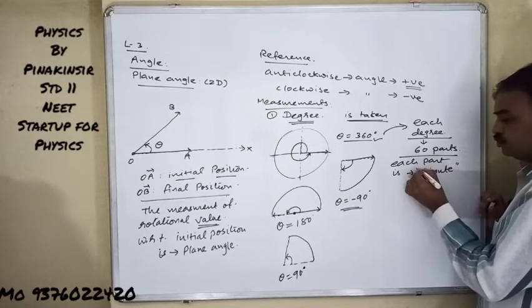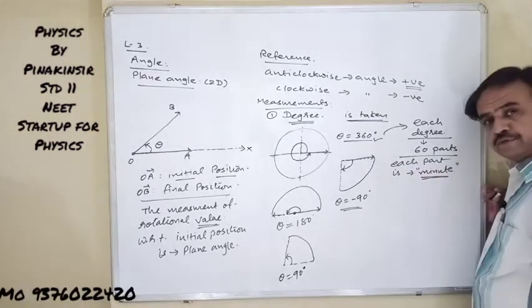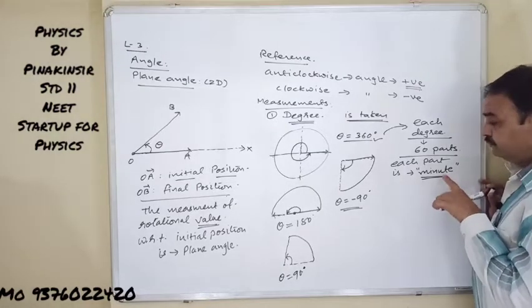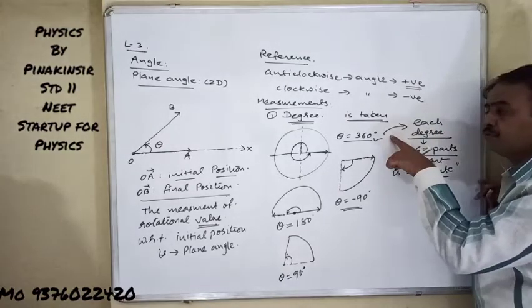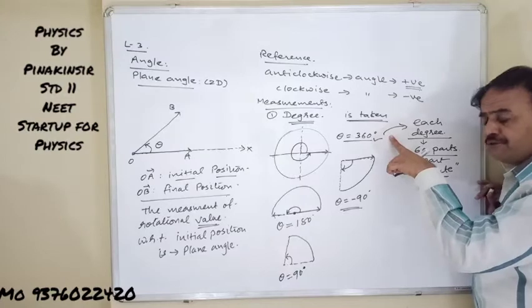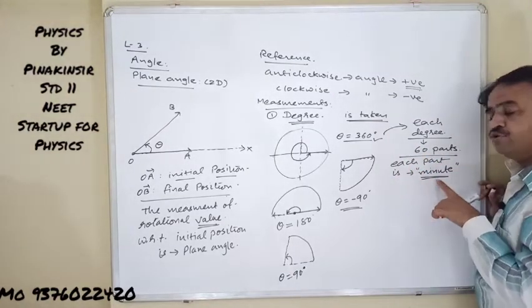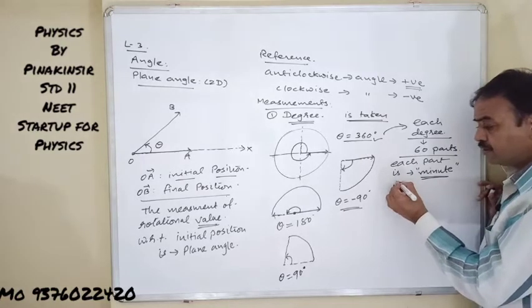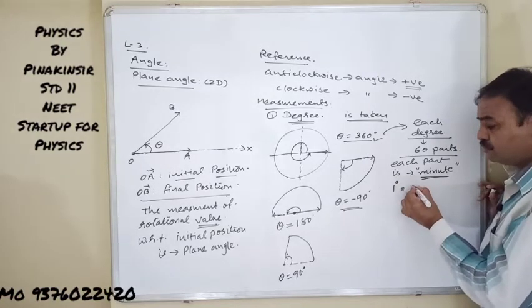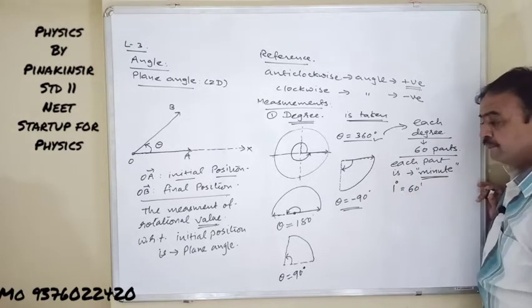There is nothing to do with watch or clock or time. Just 1 degree has 60 parts, and each part is said to be a minute, and thereby 1 degree is equal to 60 minutes.